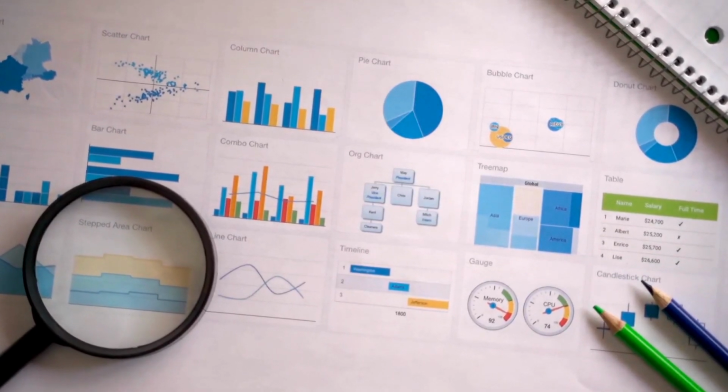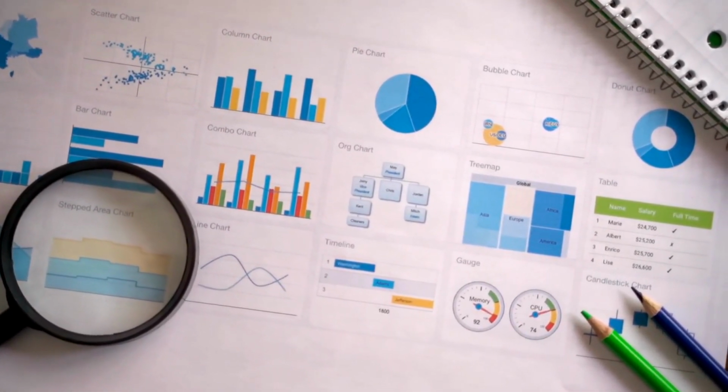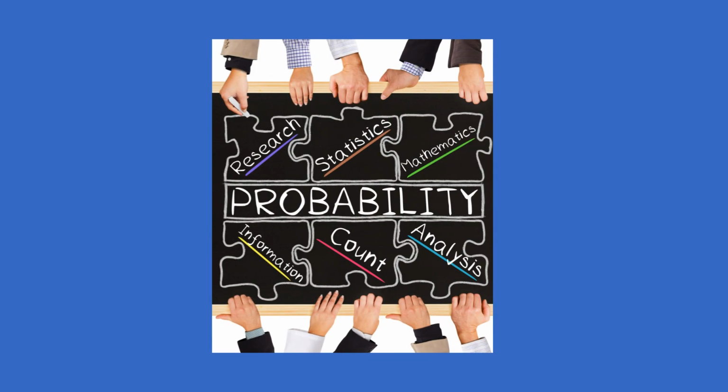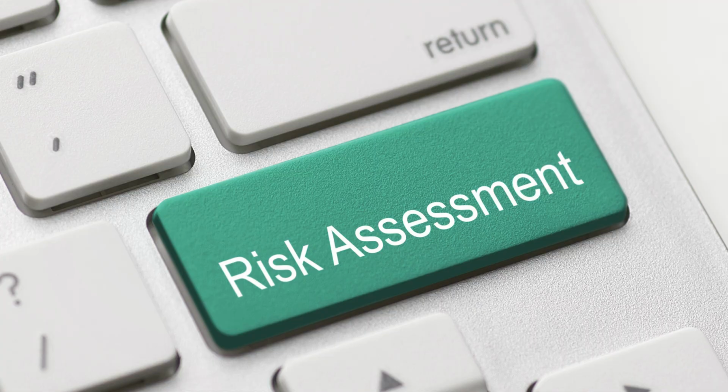That means at that time we don't know the surety of happening or non-happening. When this sort of situation comes up in decision making or in daily life, we use probability. And probability is assessed with the help of statistics. It is a part of statistics. Probability and risk assessment is done with the help of statistics.